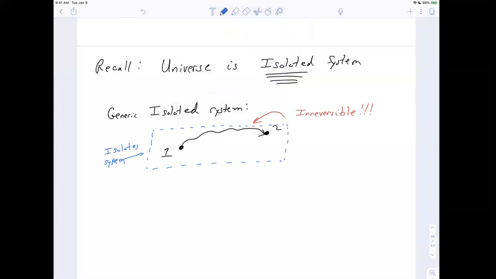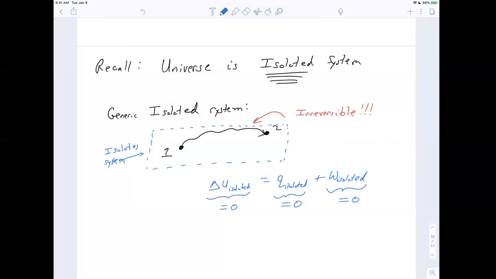And so what can we say for an isolated system? Delta U isolated is equal to Q isolated plus W isolated. But what is delta U of an isolated system, Q of this isolated system, and W of this isolated system? It's isolated. There's nothing going on between the boundary of that system and the surroundings.